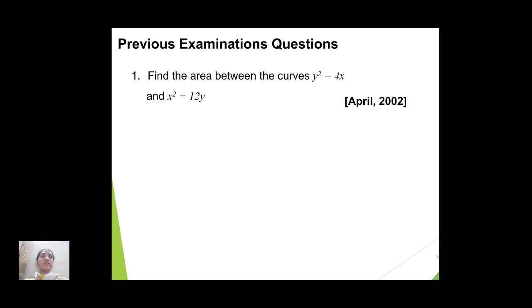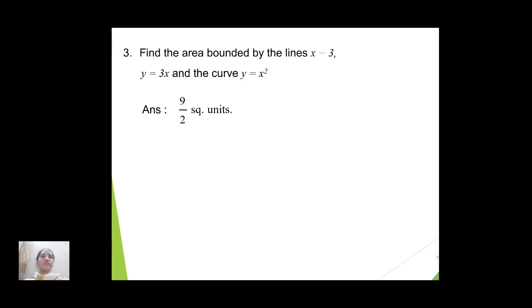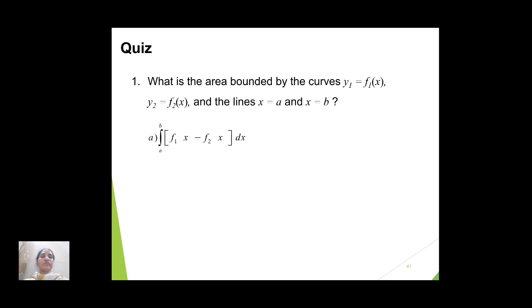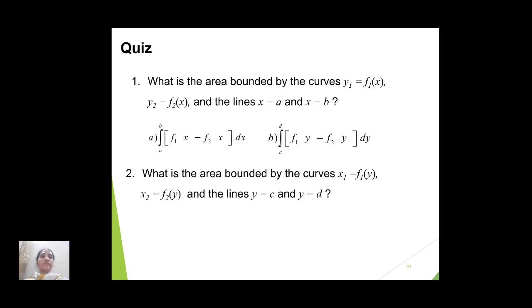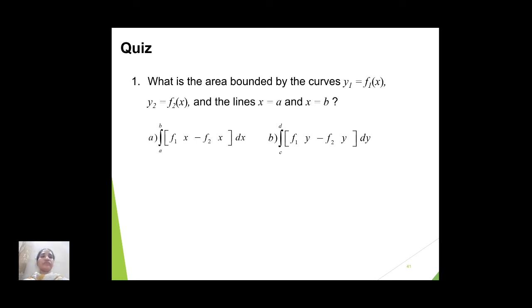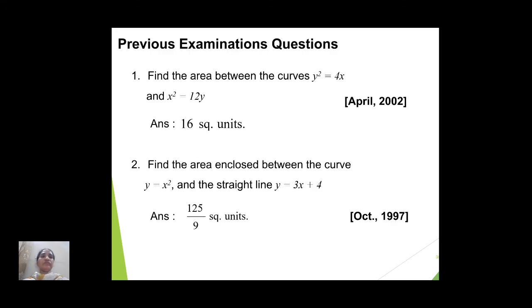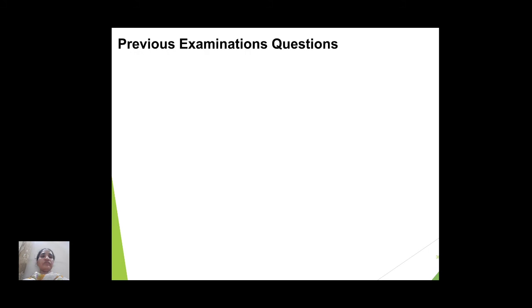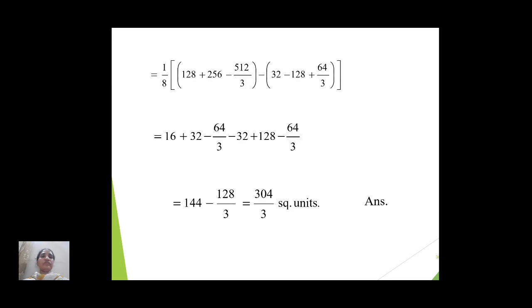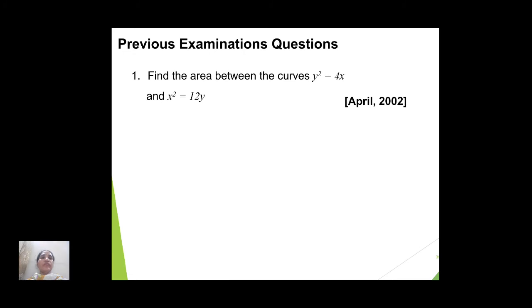Find the area between the curves y square equal to 4x and x square equal to 12y.